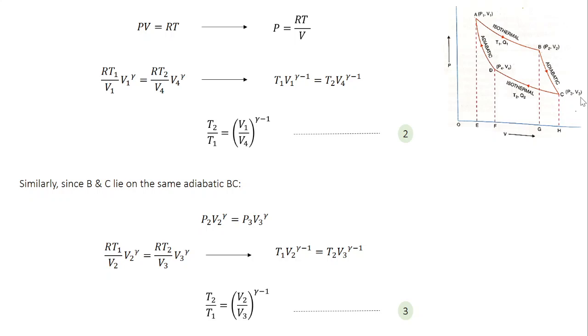Similarly, P3 V3 is associated with temperature T2, so I can rewrite P3 as RT2 divided by V3. If you simplify this, you get T1 V2 to the power gamma minus 1 equal to T2 V3 to the power gamma minus 1, or T2 divided by T1 equal to V2 divided by V3 to the power gamma minus 1.